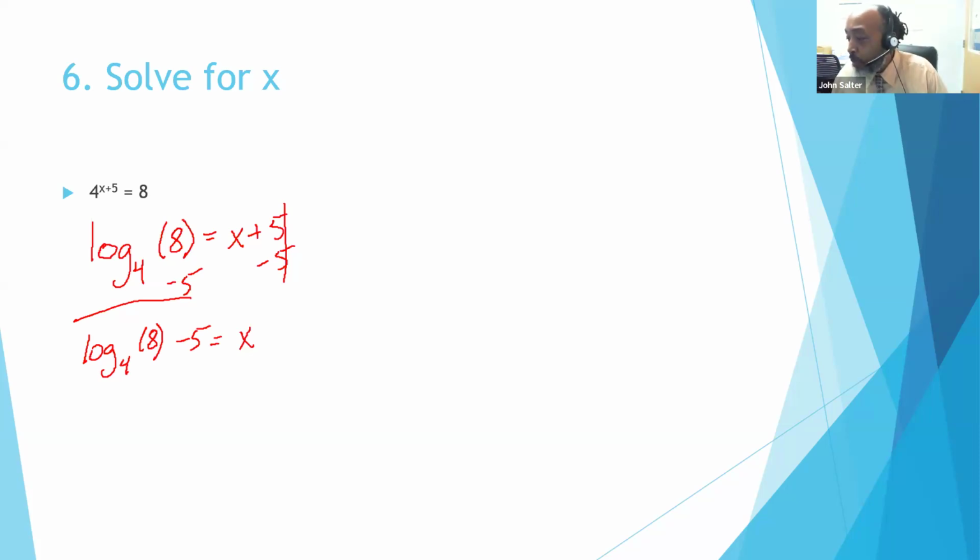Desmos, I think, is one of the best for doing things such as logarithms. But if you're going to use a TI, just make sure you understand how to plug them in appropriately. All right, so log base 4 of 8 minus 5 is equal to -3.5. This will be my answer.